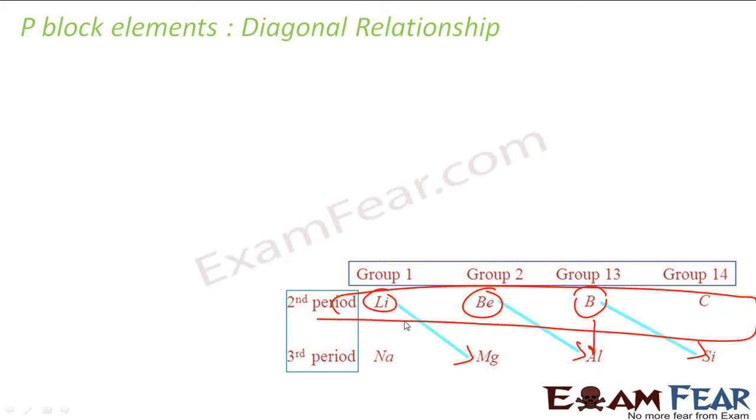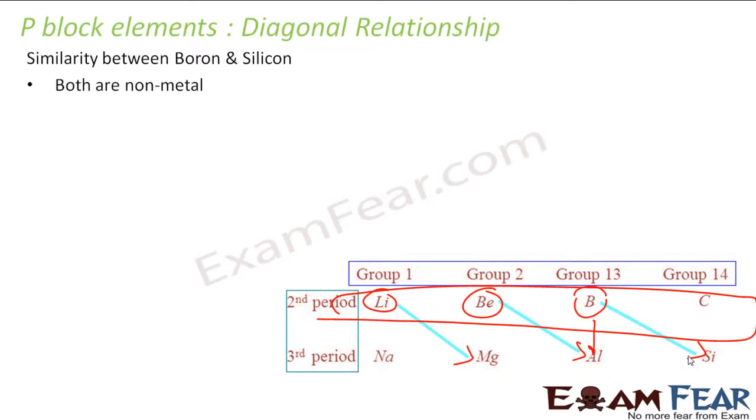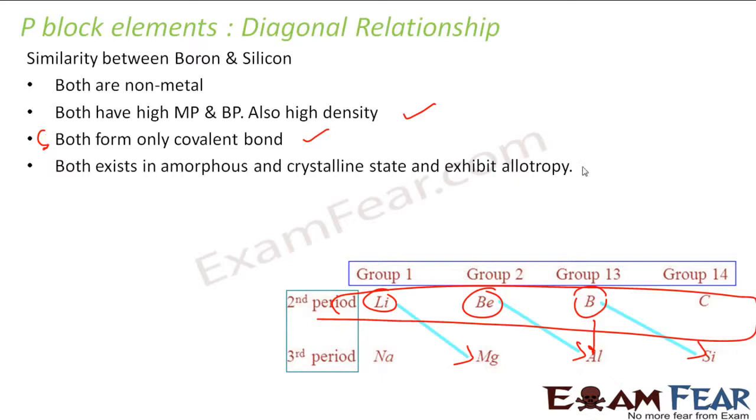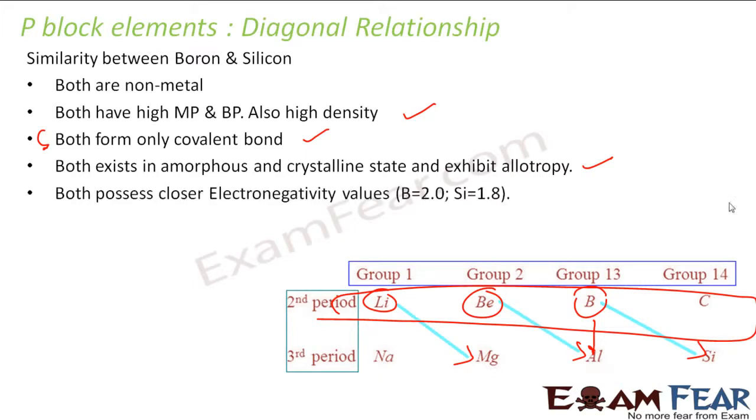So let's discuss the similarity between boron and silicon. The first is both are non-metals. The second is both have high melting and boiling points and also high density. Both form only covalent bonds. We'll discuss this more in the next few slides. Both exist in crystalline and amorphous states. We'll talk about the boron and silicon states. Both have almost similar electronegativity.